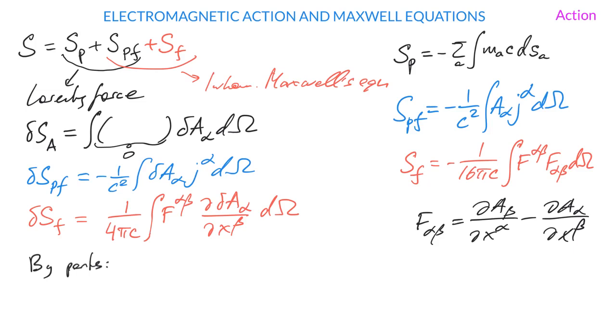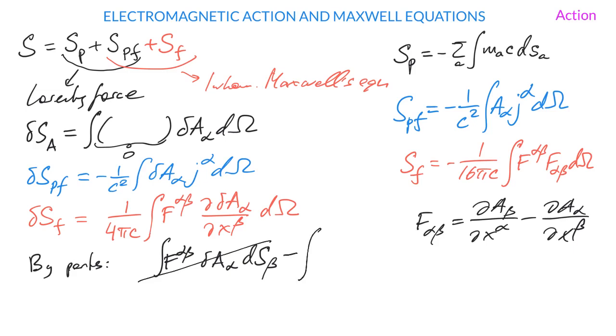The first term contains f alpha beta delta A alpha, and because it's the integral over the four-dimensional volume, this will turn into the integral over the hypersurface that bounds that volume. This term does not affect the equations of motion because delta A alpha on the faraway hypersurface should be required to vanish.